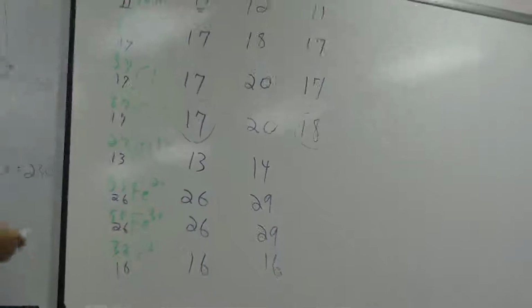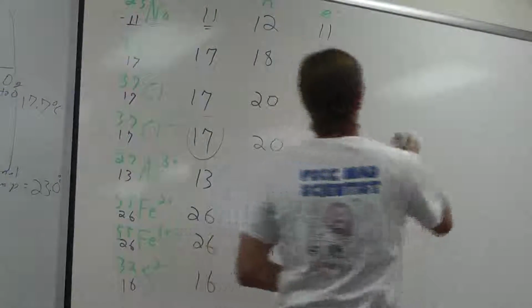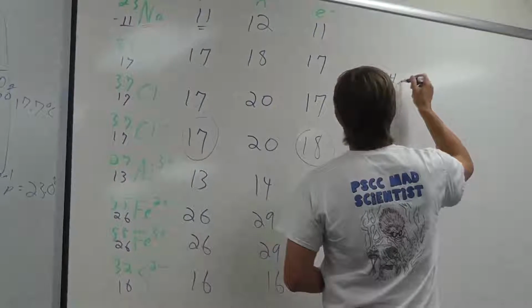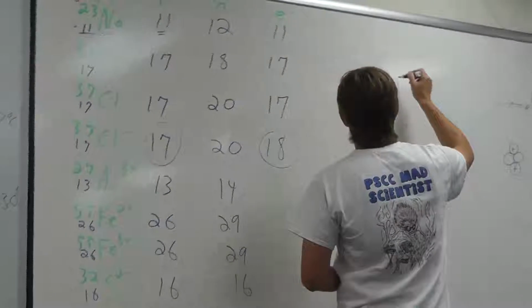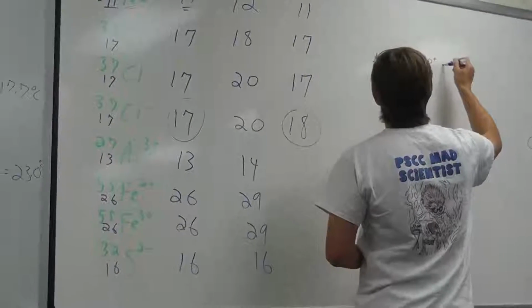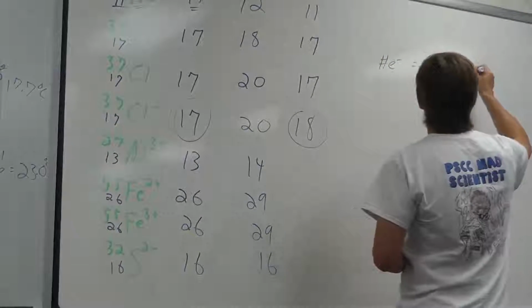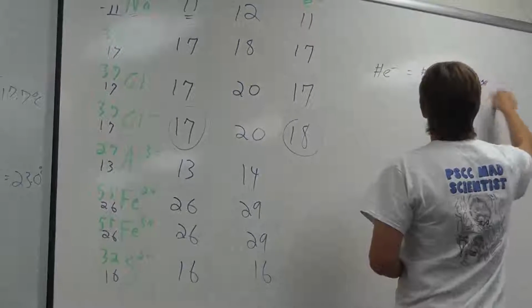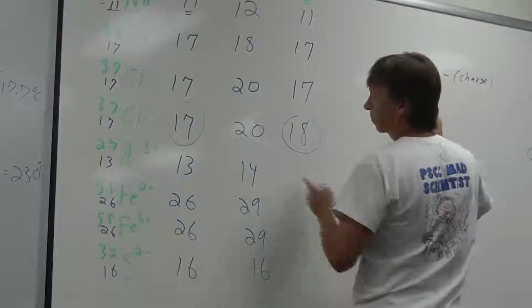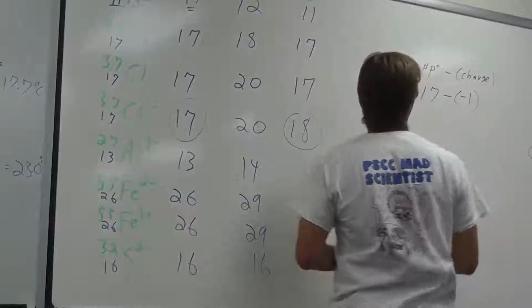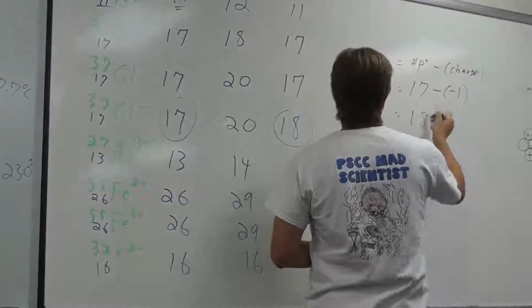One more negative than positive. If you like formulas, then I guess the formula would look like this. The number of electrons would be equal to the number of protons minus charge. So in this particular case, it would be 17 minus a negative 1. And there's 18.